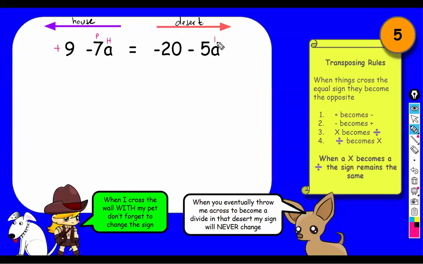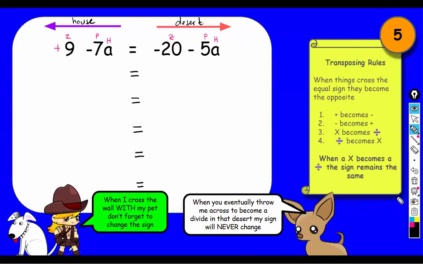You have another human here, and the pet is -5. And this -20 is a zombie. Remember, the humans are the letters you're trying to solve for, and the pets will always be the items next to the human. Let's put in a few equal signs. Like I said, I'm not too sure how much I will need.